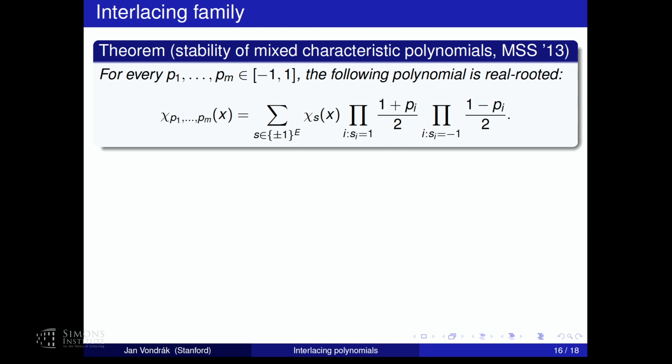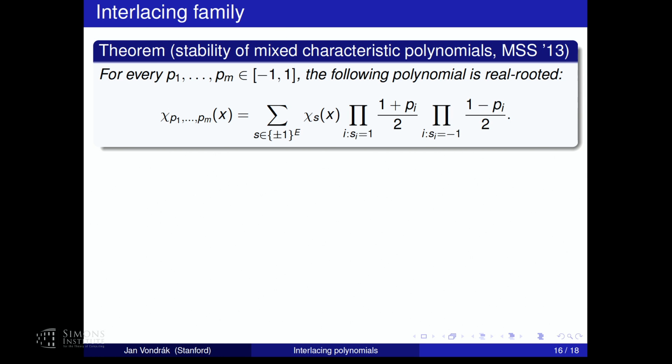So what exactly is happening here? We had these polynomials x sub s, where s is a plus-minus 1 vector, which corresponded to the way we do the blow-up operation. Now let's take a convex combination of these exponentially many characteristic polynomials, under a product distribution. You can imagine that you set each s_i to be either plus or minus 1 with certain probabilities.